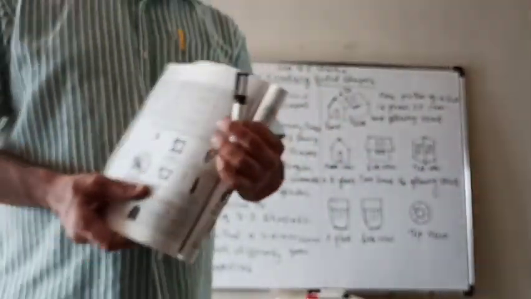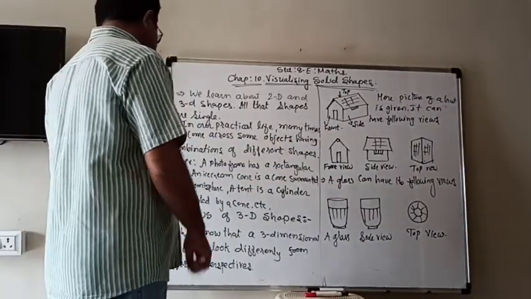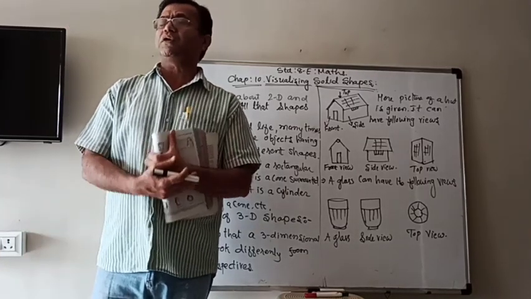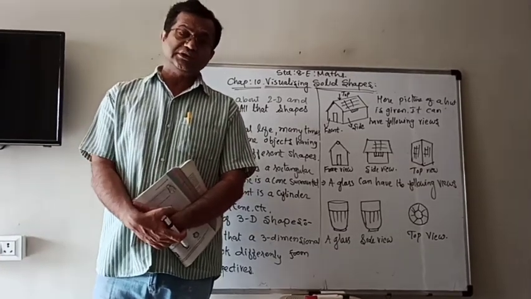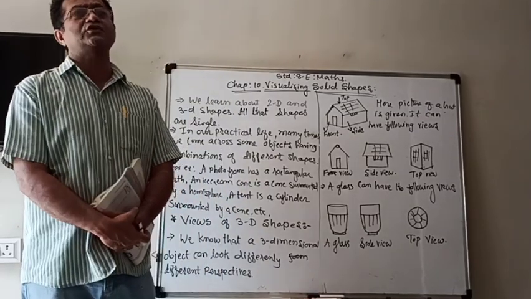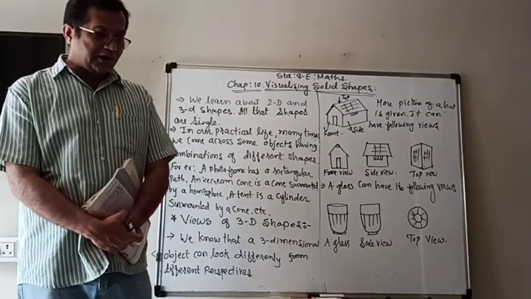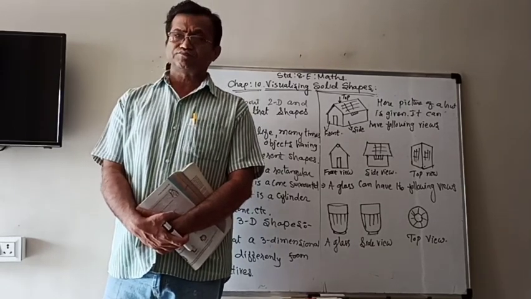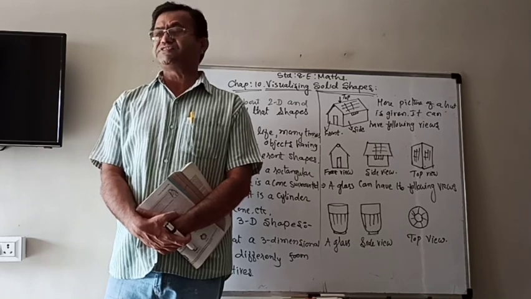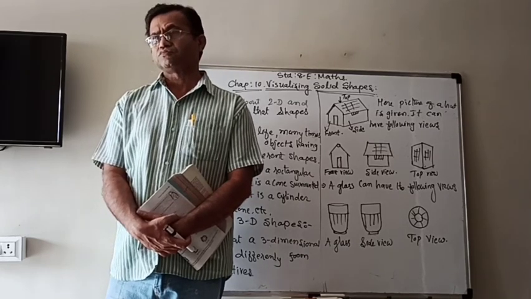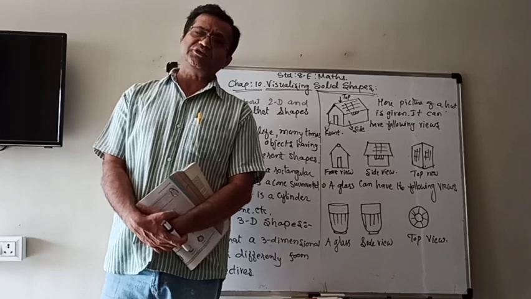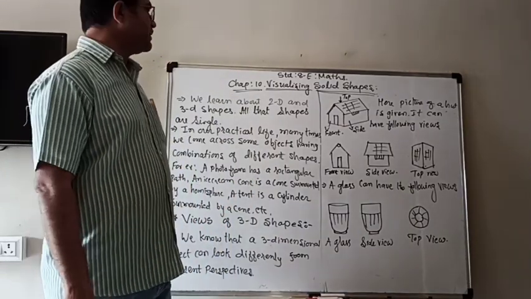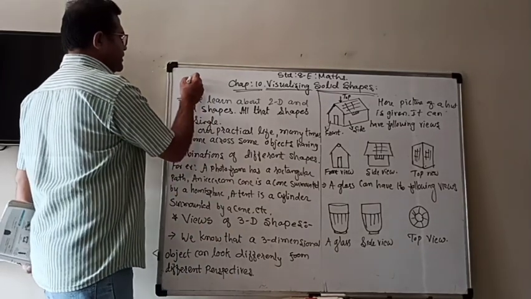So here you can see all these examples, and many more you can come across in your houses or if you go anywhere. You will notice that there will be a combination of different 3D shapes. For example, a capsule that you take as a medicine has a shape like this.